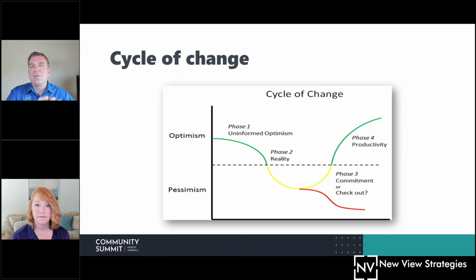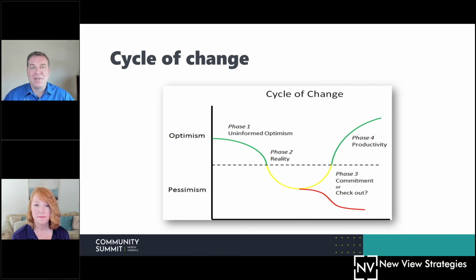Kind of hard to do this in the virtual sense, but basically everybody's going to move across this curve. They'll move across it at different rates, and those in the know will be further along the curve than the others. So you have to remember that when the executives and folks that have been involved for a long time in the project get into kind of phase 4, right, and they're feeling very optimistic and asking when are we moving on to the next thing, the rest of the team might still be in phase 1 or dipping into phase 2.